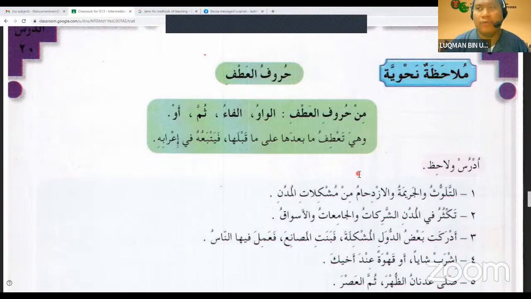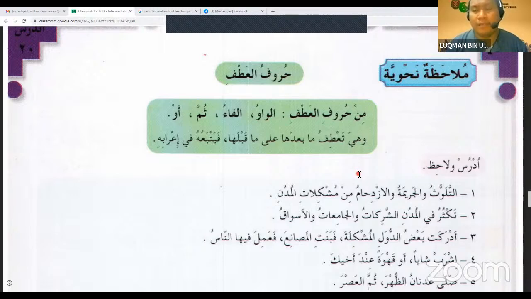When you use waw as a conjunction, it is neutral regarding time; it may not be immediate. But when you use fa, it indicates that what comes after fa happened immediately.